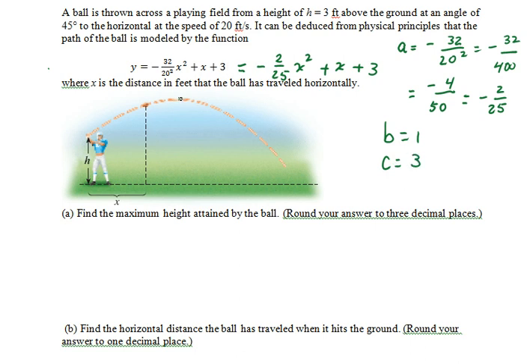We know that the maximum occurs at the vertex of the parabola. We can label that point (h, k). And the h there, we have a formula for it. It is the opposite of b over 2a.